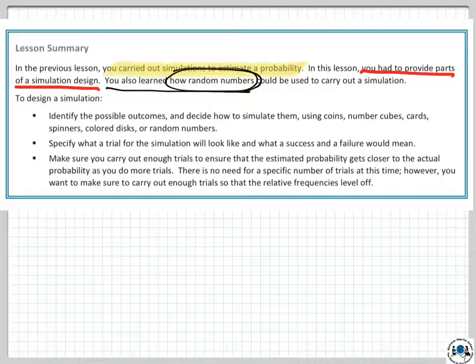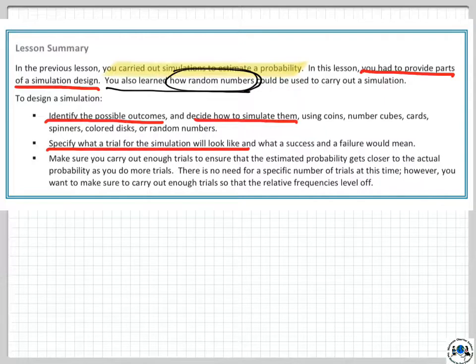Okay, so again, to design a simulation, you want to identify the possible outcomes. For example, with the birth thing, it was boy or girl, remember? Decide how to simulate them, and in that case, it was flipping a coin. You're going to specify what a trial for the simulation will look like.